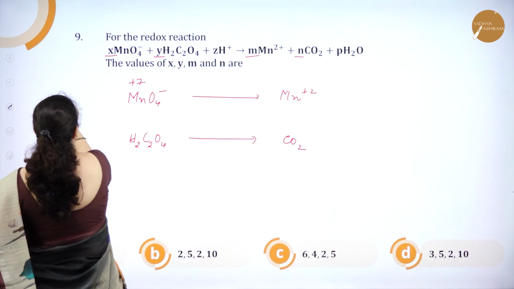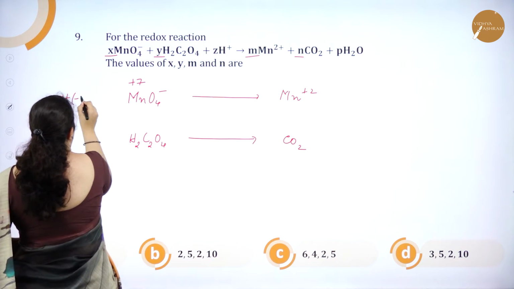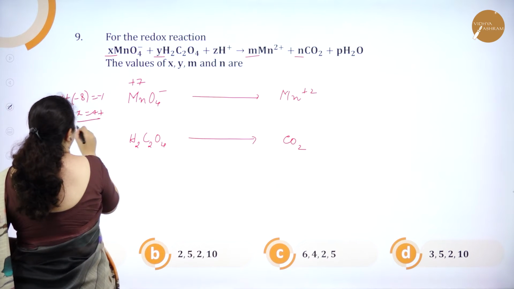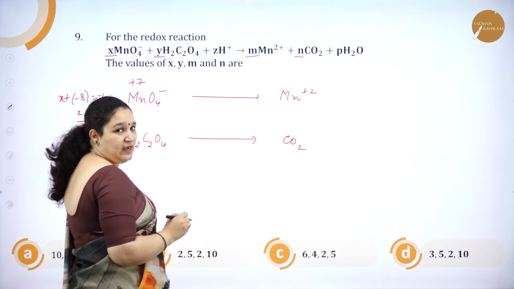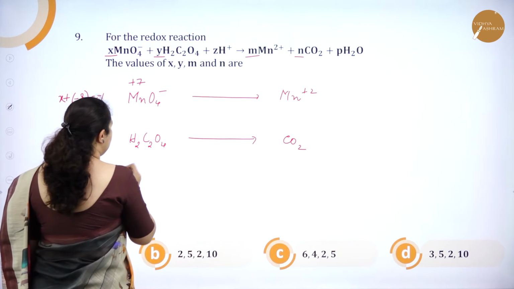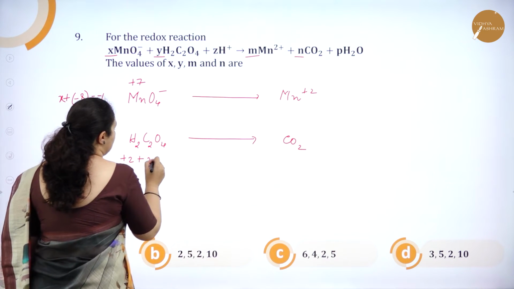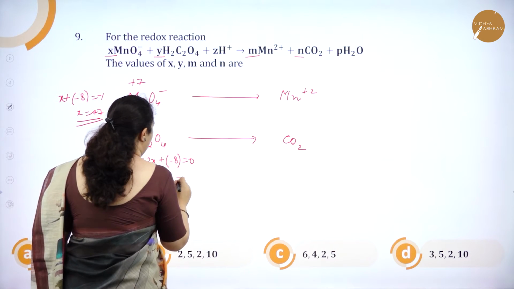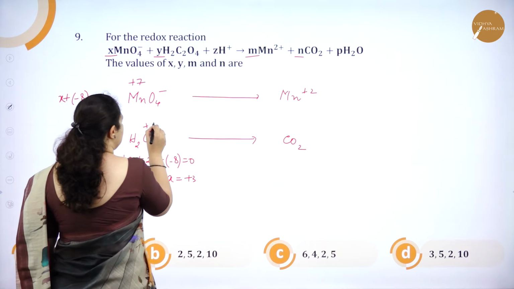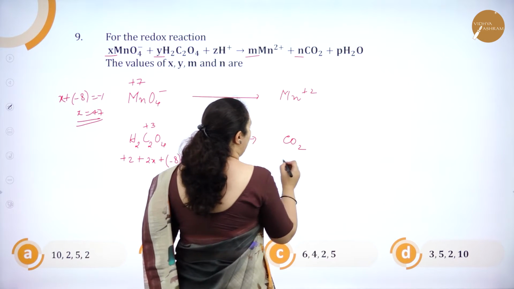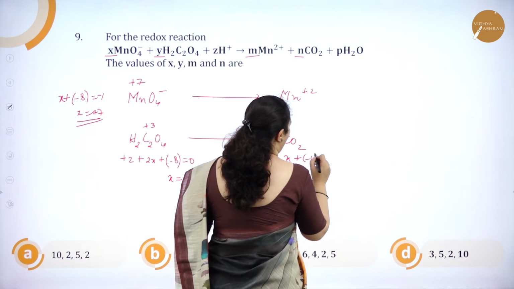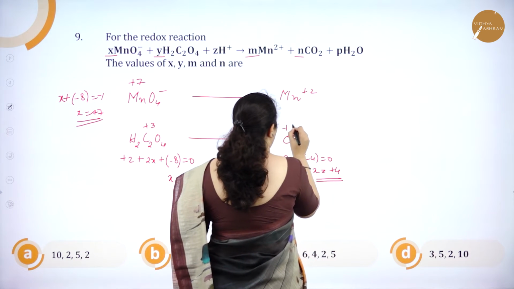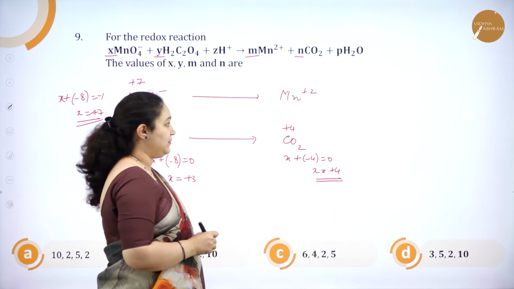If you don't know how to calculate, x plus -8 is equal to -1, so x is equal to +7. And carbon in oxalic acid: +2 plus 2x plus -8 is equal to 0, so x is equal to +3. In carbon dioxide, x plus -4 is equal to 0, so x is equal to +4. So for carbon dioxide, carbon is +4.